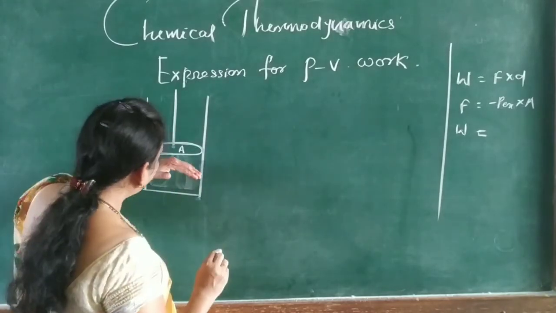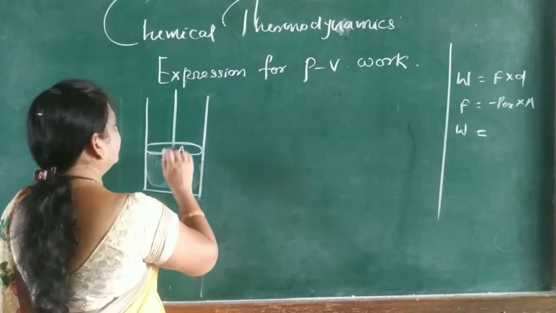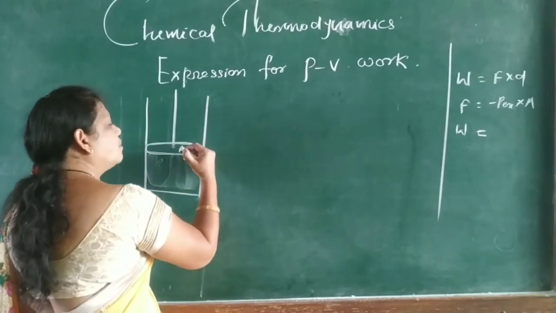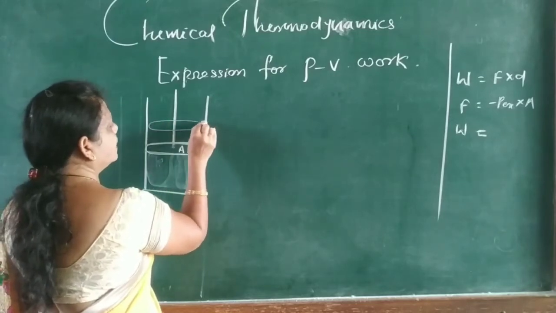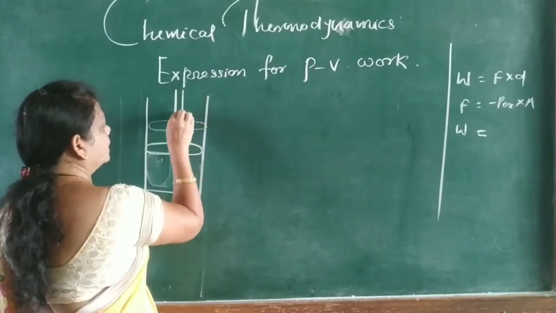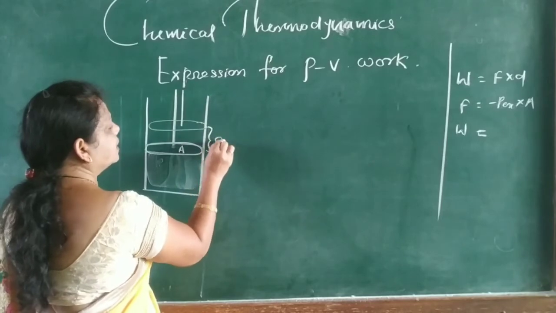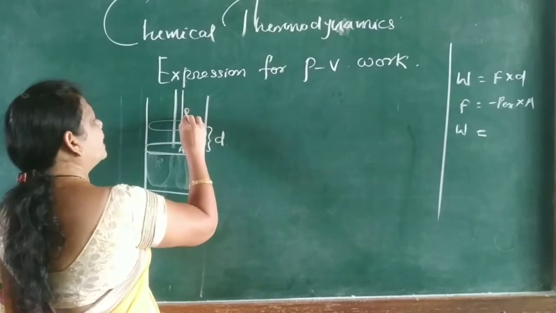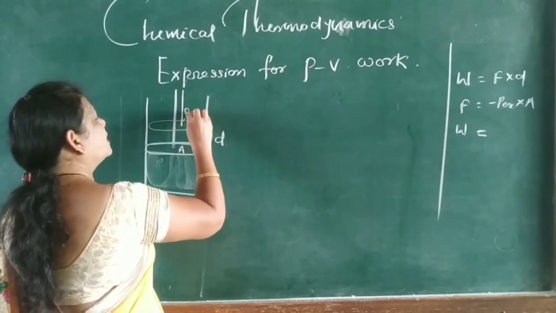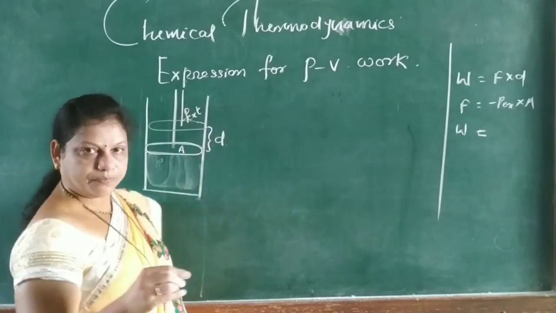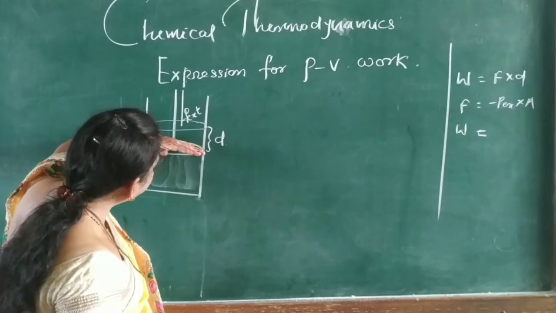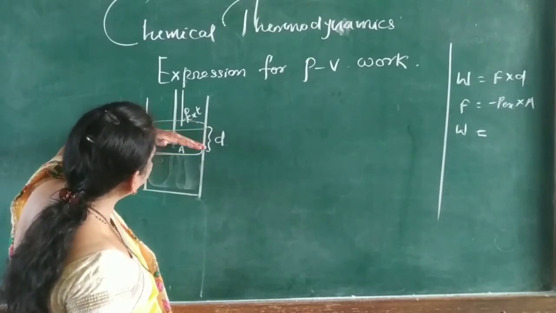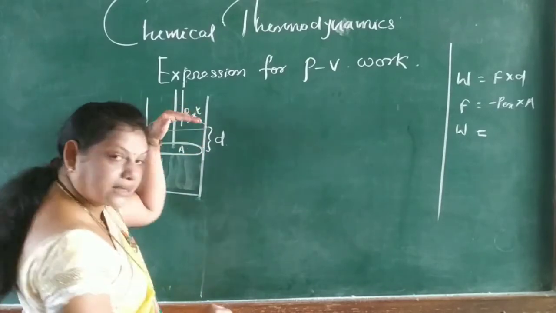For the expansion here, if this piston moves upward through distance D up to this point, the pressure is minus P external. Since the piston moves upward, this pressure is released.